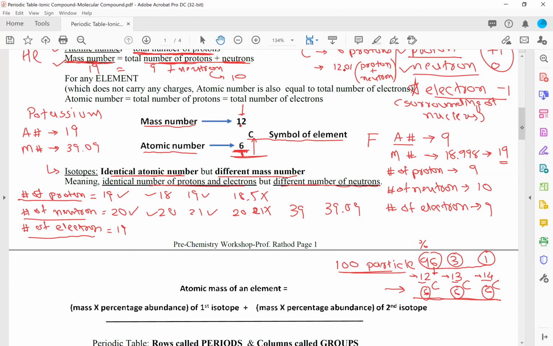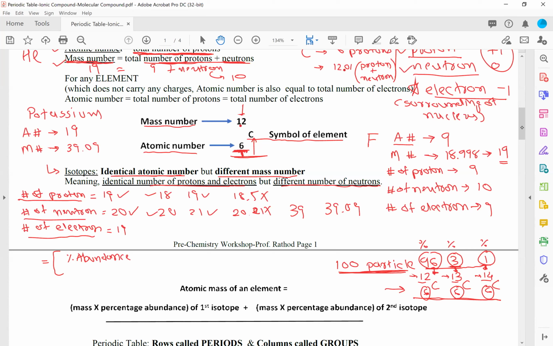What we are going to do is use the percentage. What did I just say? Let's say if we find 100 particles, out of 100 particles, 96 of them will be in this isotopic form, 3 of them will be in this isotopic form, and 1 of them is going to be in this isotopic form. So if we want to do the average, we are going to write a formula in which we say percentage abundance.